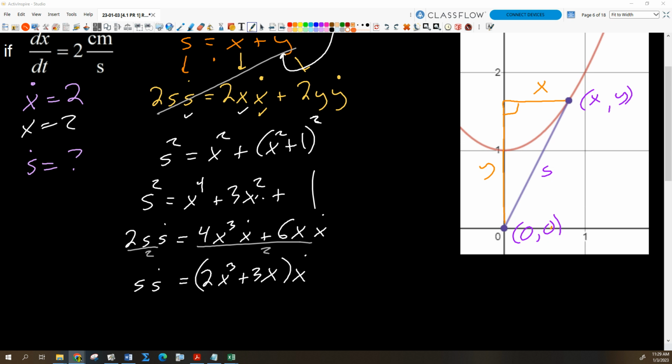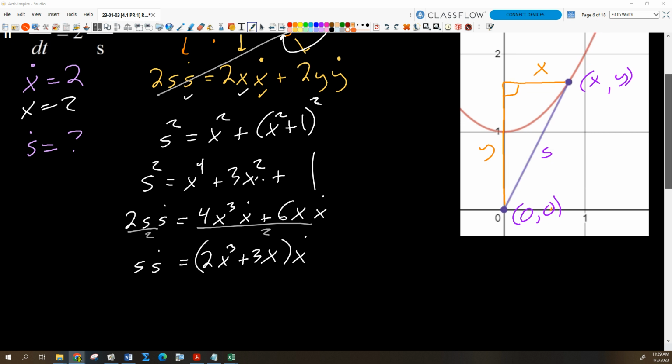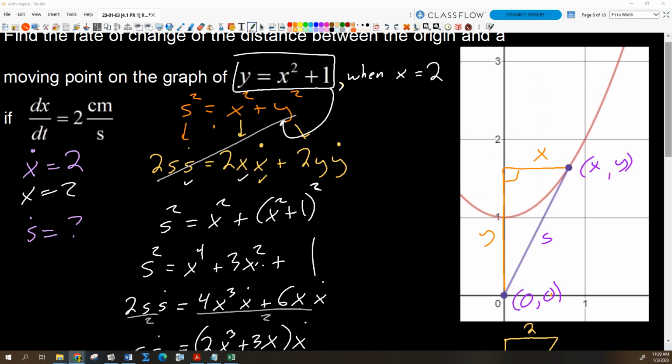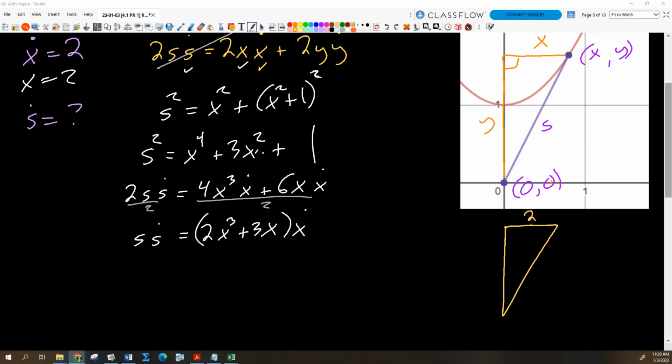This is our general picture where we involve the variables, but at that one snapshot, what does this triangle actually look like? In my snapshot, I know that the x value is 2, correct? So that length is 2. The y value is going to be 2 squared plus 1, so that's 5, right? So I could calculate the value of that hypotenuse, which is s.